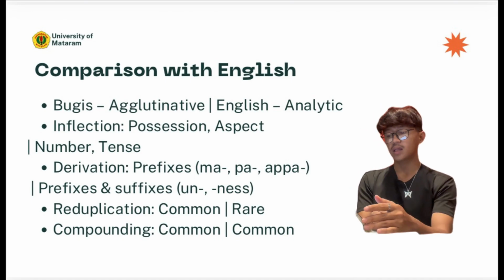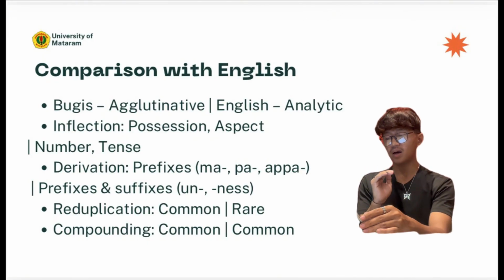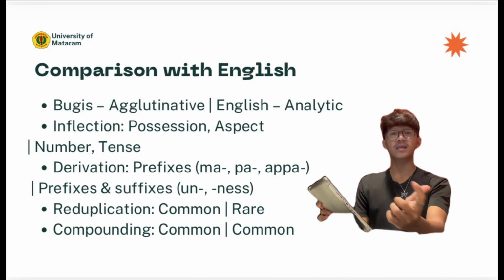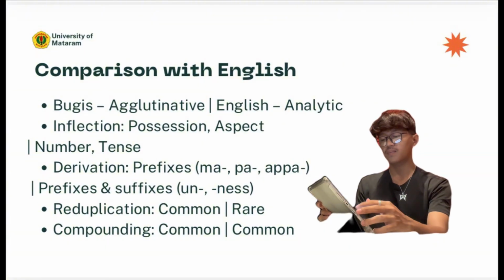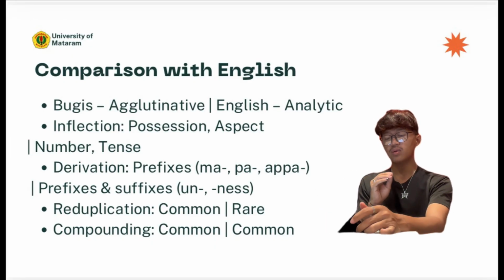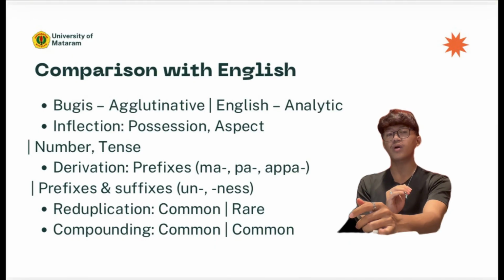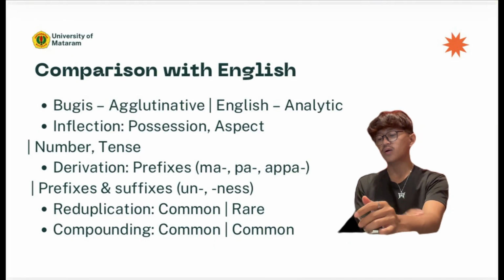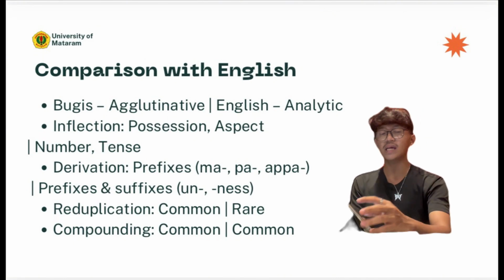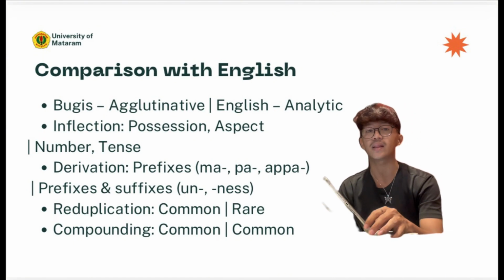Bugis uses the prefixes ma, pa, apa, and English uses prefixes and suffixes, like -an, -ness. The third one is reduplication. In Bugis it is common, but in English it is rare. And compounding is common in both Bugis and English. So basically the same.